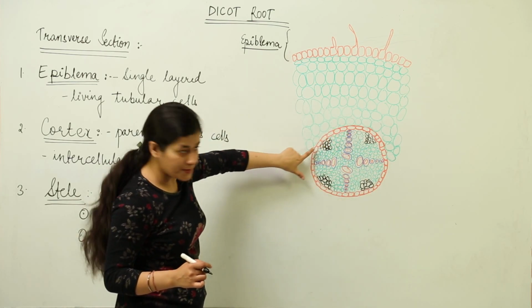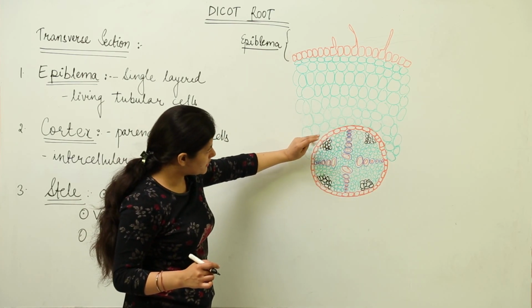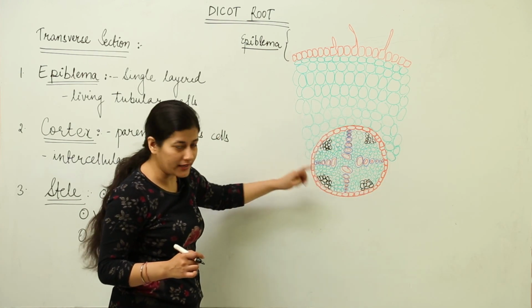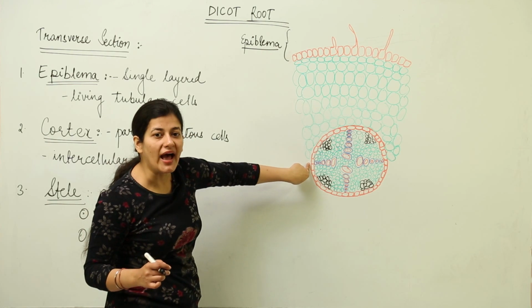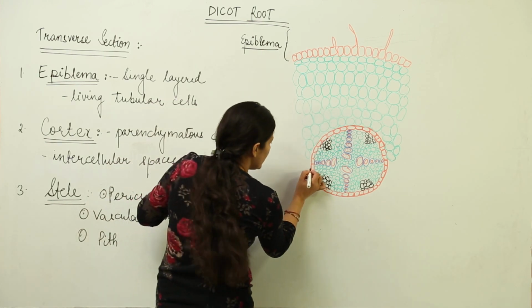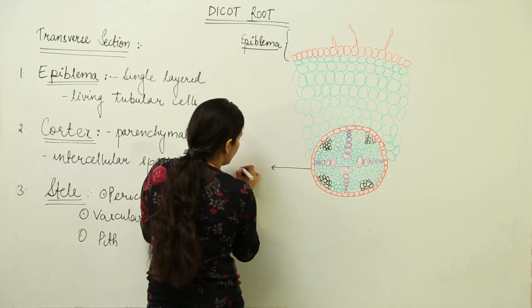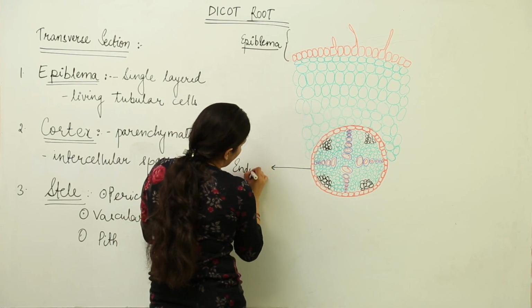This red layer is made of tubular cells, which are cylindrical sort of cells, arranged and tightly packed. This layer is known as endodermis. Now we have an epidermis called epiblema, and we have another red part, that is endodermis.